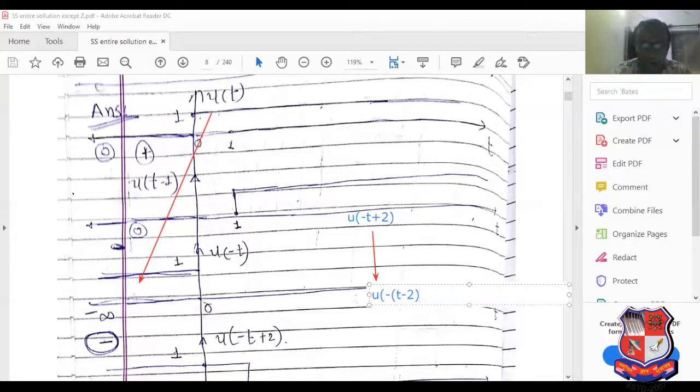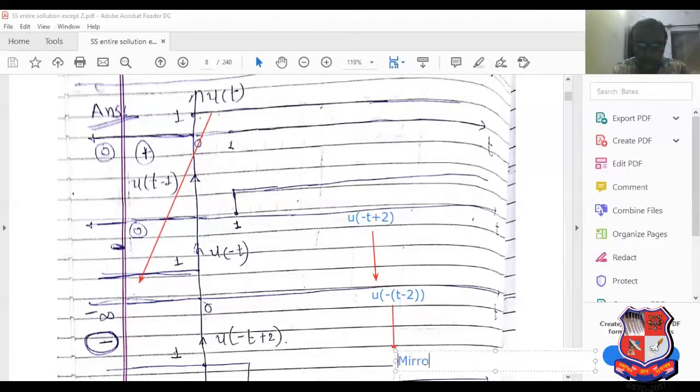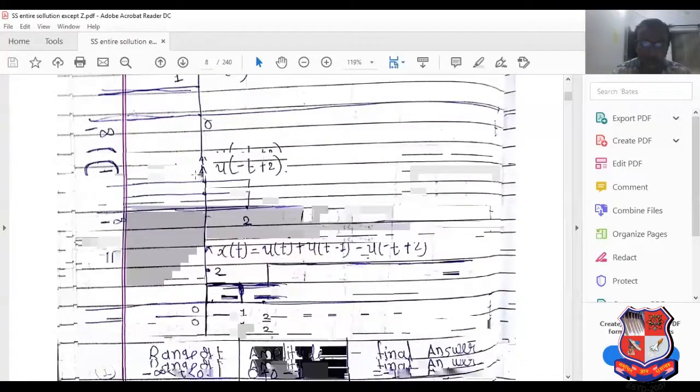So here we get mirror and delay operation. First apply the mirror operation, then apply the delay operation. So here we can get the graph. Here see this, u of minus t, and then apply the delay operation. So it is known as u of minus t plus 2.